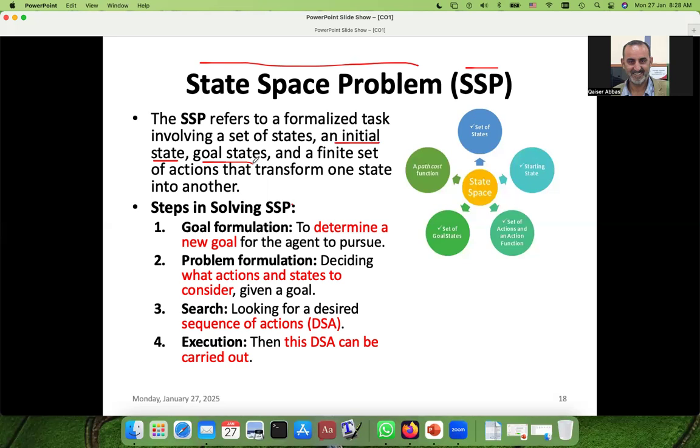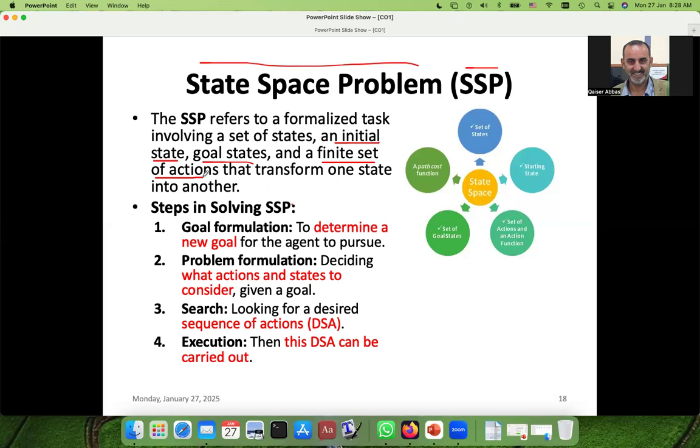By applying that strategy, you will go from initial state to the next, from that next to next, and so on, until you finally reach the goal state. So between the initial and goal state, you will have a finite set of states on which you will apply a finite set of actions.